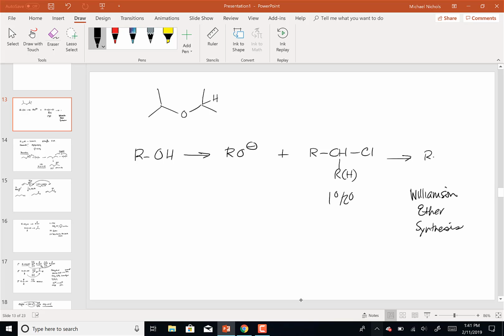So that I basically could add my group with one or two R's to the end of the alkoxide. And how do we take an alcohol and make an alkoxide out of it?